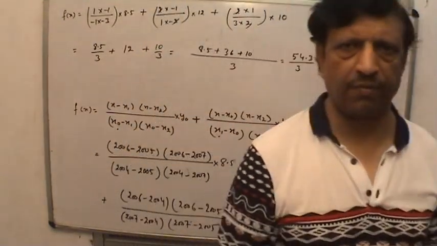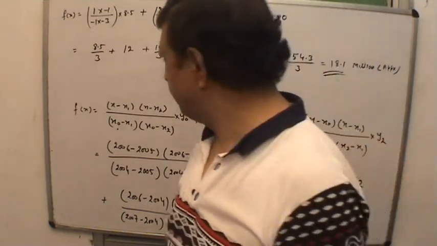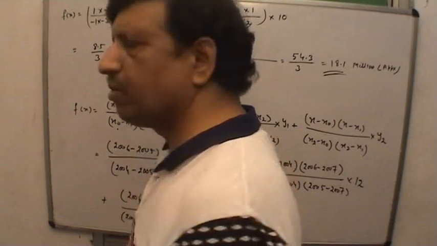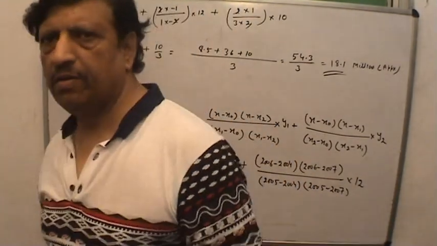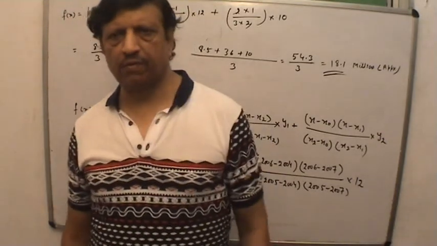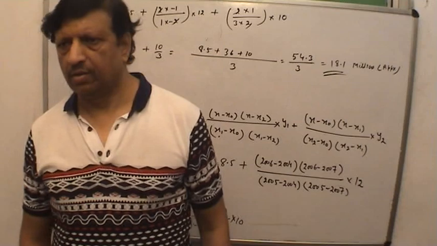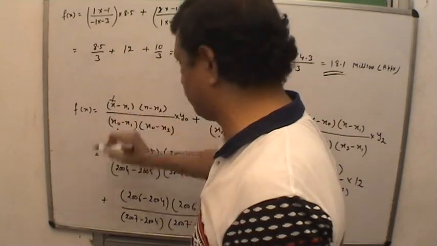It means the profit for 2006, according to the given data for the firm, was roughly about 18.1 million. In this way we can find any point of interpolation between the given two points. Now what happens if we are not provided with x?